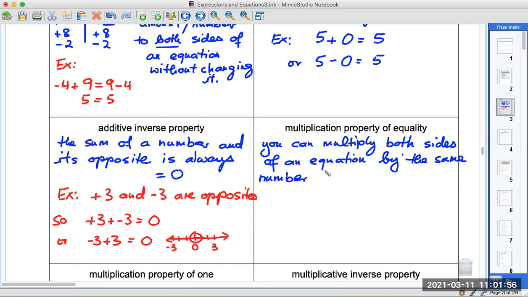And I'm going to add or even divide, because dividing works the same way. Multiplying or dividing, they're using one word, but you can multiply or divide both sides. Again, it has to be both sides of an equation by the same number and not change the value of the equation.